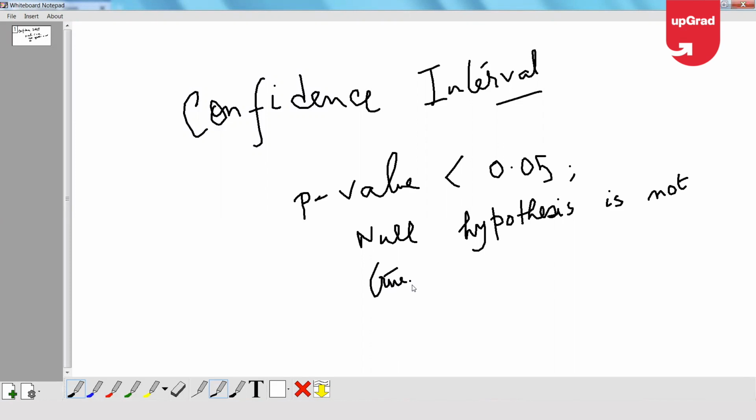Or rather, I should say the chances of the null hypothesis being true are only say 2% or 1%. I said not true, which may not be the right term. So here let's understand where we got this 0.05 from. This is, by the way, called the confidence interval, right? But why 0.05? So let's dissect this.